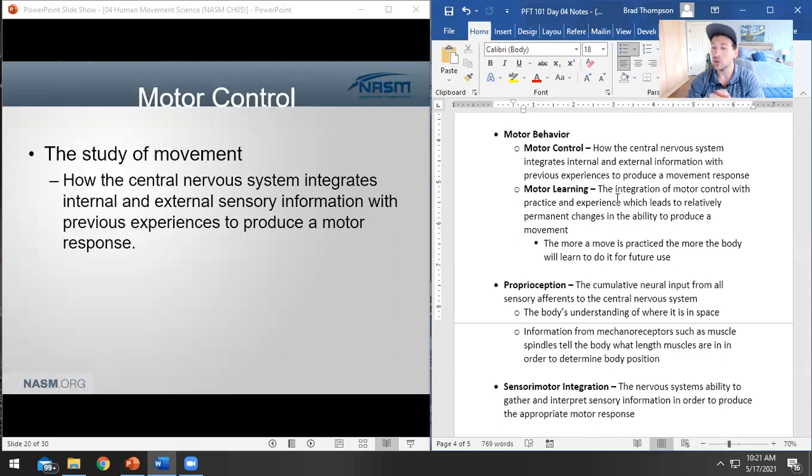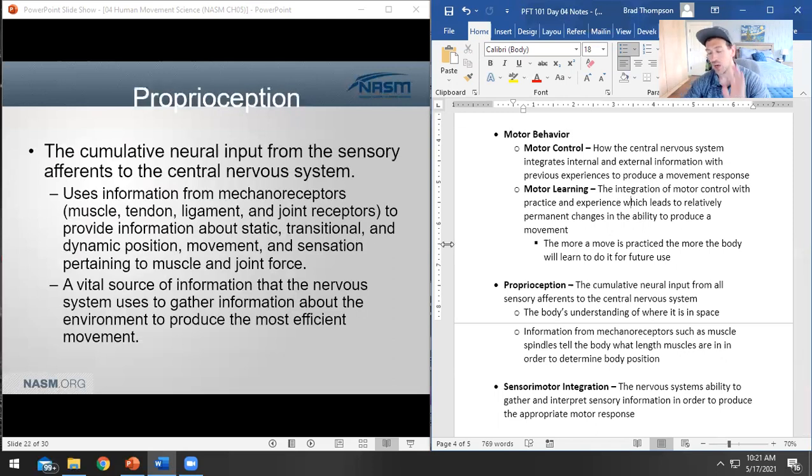The more a move is practiced, the more your body is going to get used to doing it in the future. So that's what we're looking at. We want to look at how we put all these things together in order to get better and better at specific movements. The more we practice it, the better you will get at it.